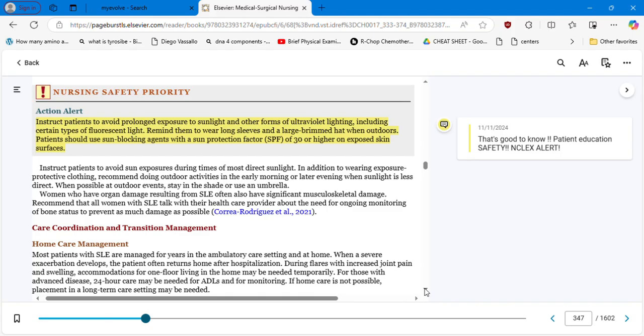Instruct patients to avoid prolonged exposure to sunlight and other forms of ultraviolet lighting, including certain types of fluorescent light, even that. Remind them to wear long sleeves and a large brimmed hat when outdoors. Patients should use sun blocking agents with a sun protection factor of 30 or higher on exposed skin surfaces, and that's the important information in this safety box.